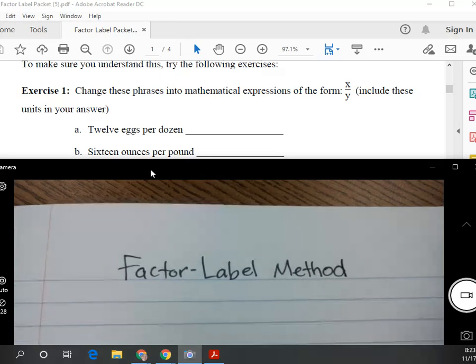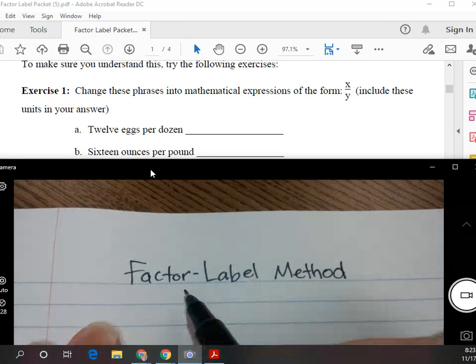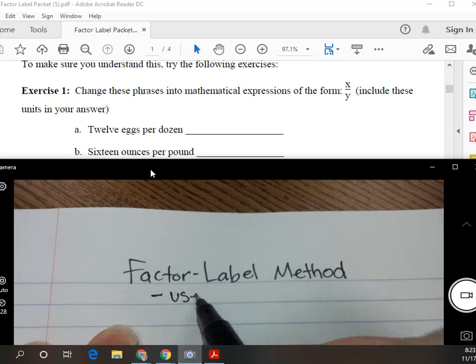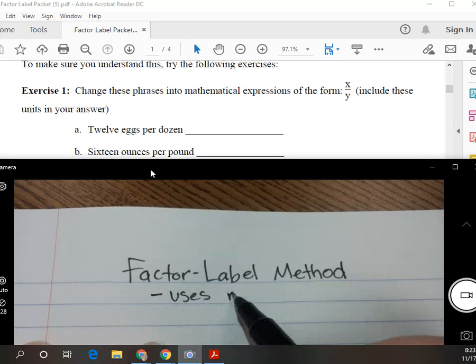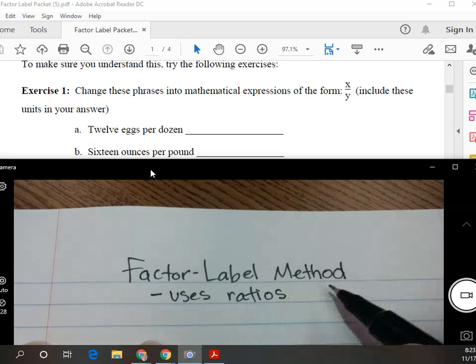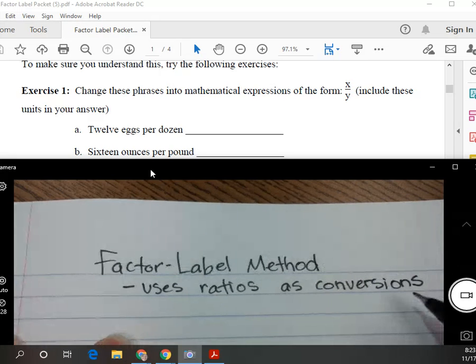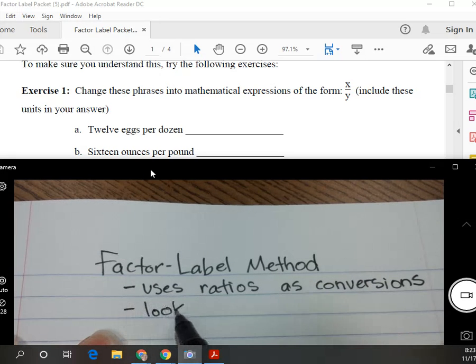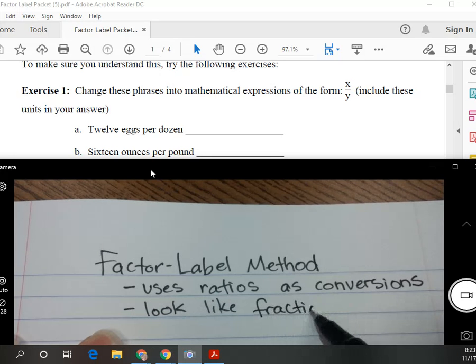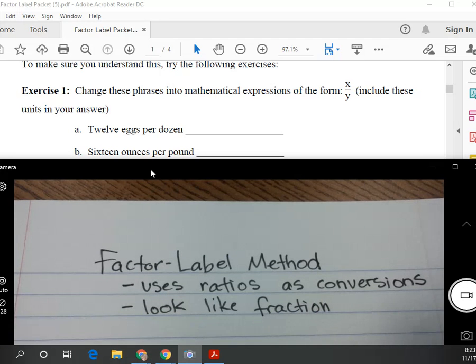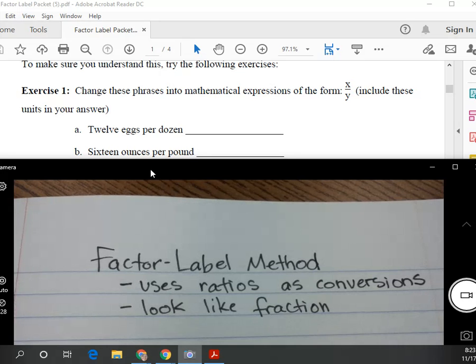I'm going to make a note that Factor Label Method uses ratios as conversions. They look like fractions, and that's important because some of us were super good at fractions and some of us never want to see a fraction again. So we want to be mindful that we have to pull that stuff back out of our head.